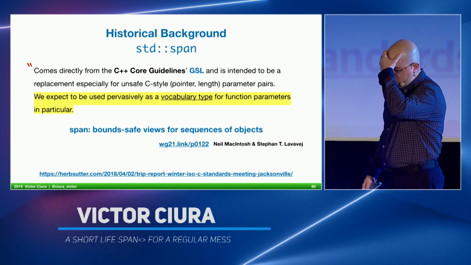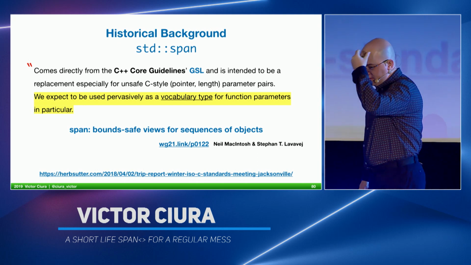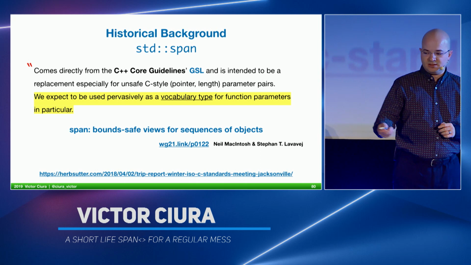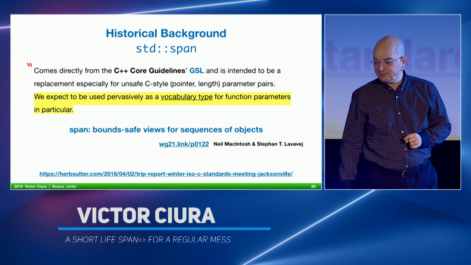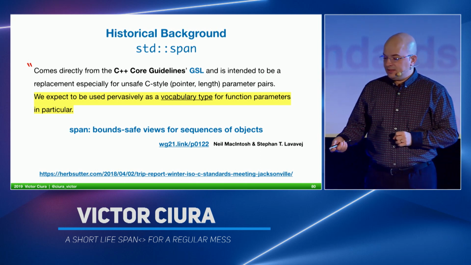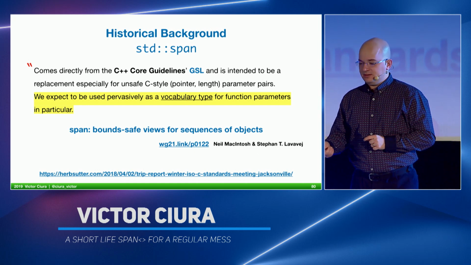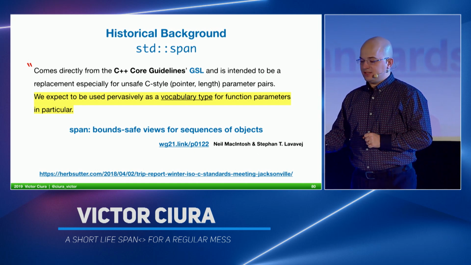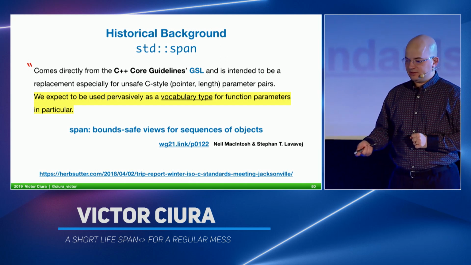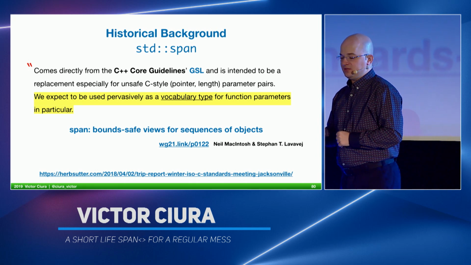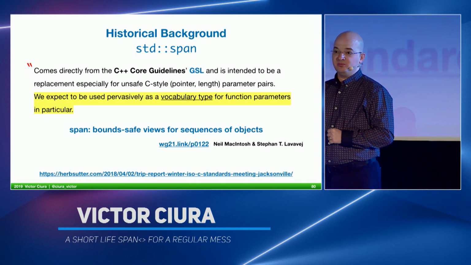So from the original paper, now we're going to focus on the span proposal, as it's going to land in C++20. The standard span comes directly from the GSL and is intended as a replacement for unsafe pointer and length parameter pairs. And this is the important bit. We expect it to be pervasively used as a vocabulary type for function parameters in particular.